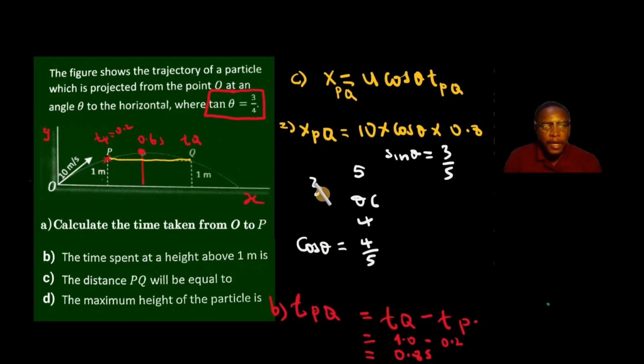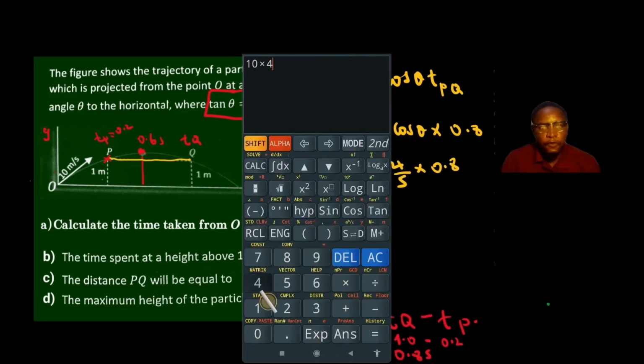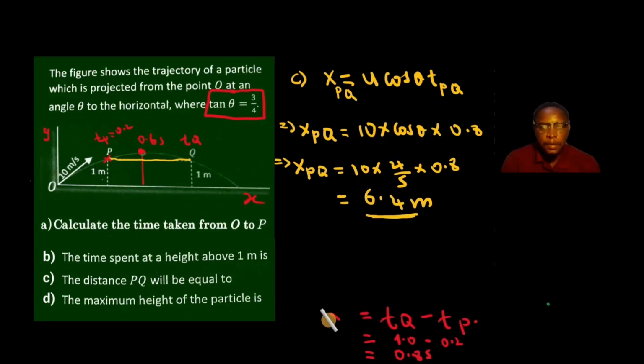If I substitute 4/5 in this equation, x PQ will be 10 times 4/5 times 0.8. 10 times 4 times 0.8 is 32, divided by 5 gives me 6.4. So the distance from P to Q is 6.4 meters.